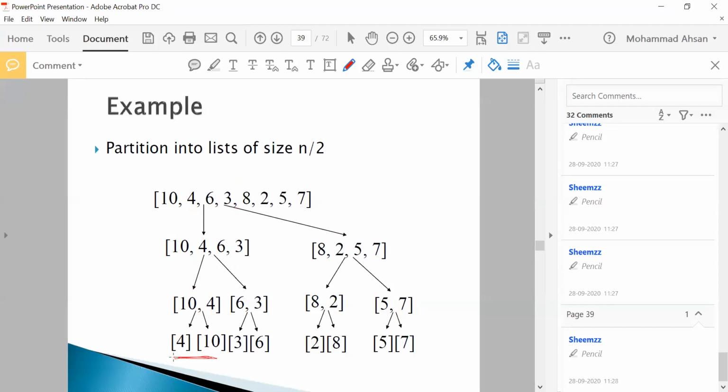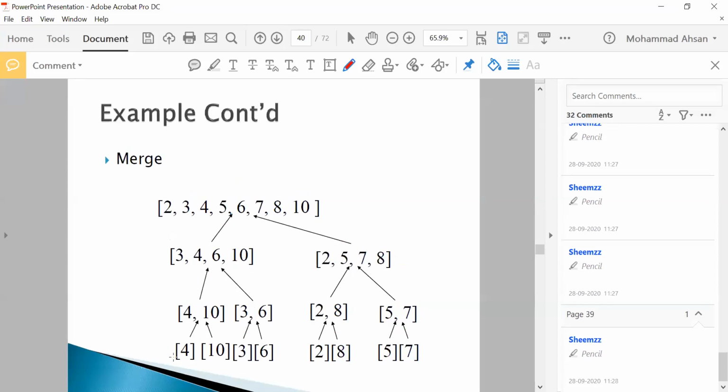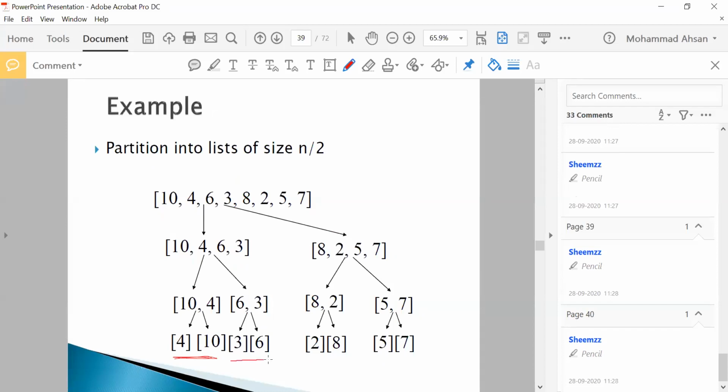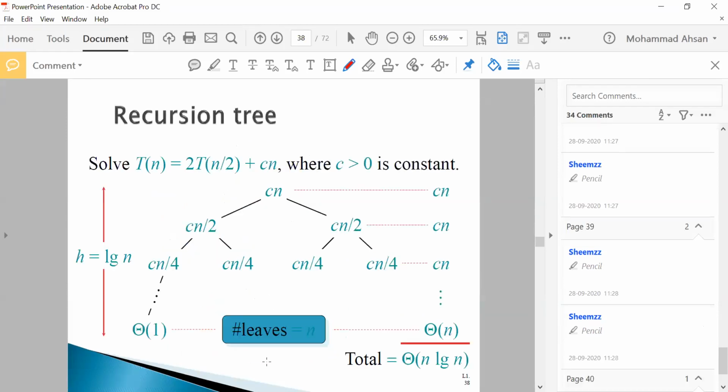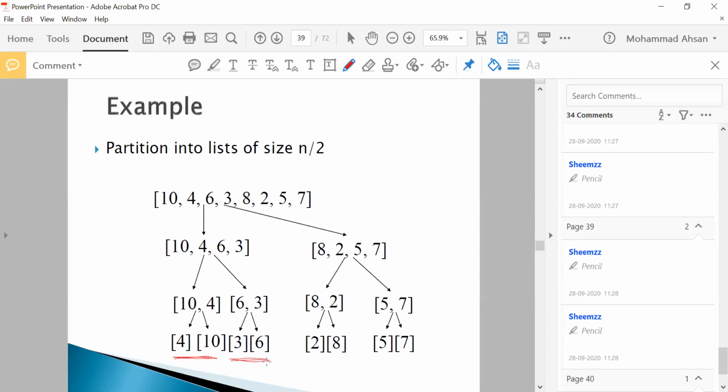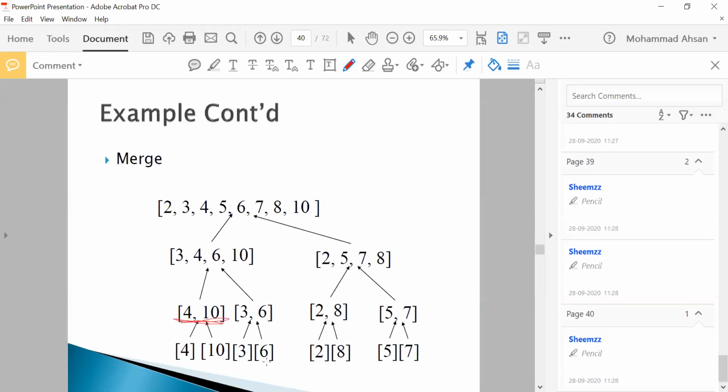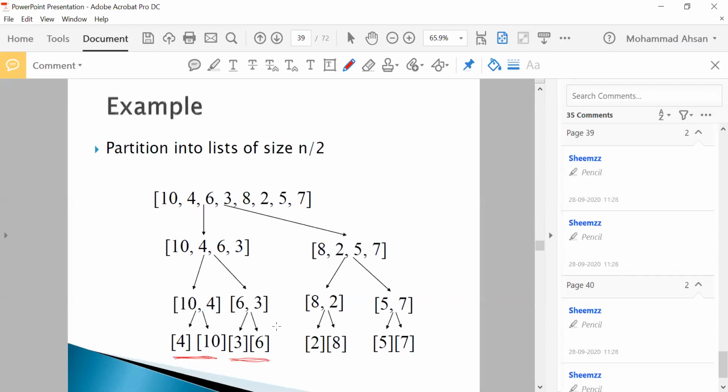You compare the first element of the left side, which is 4, with the first element of the right side, which is 10. 4 is less than 10, so when you merge it, you'll put them like this, 4 and 10. Similarly, 3 and 6. 3 is less than 6, so you get 3 and 6 in the same order. Then 2 and 8.